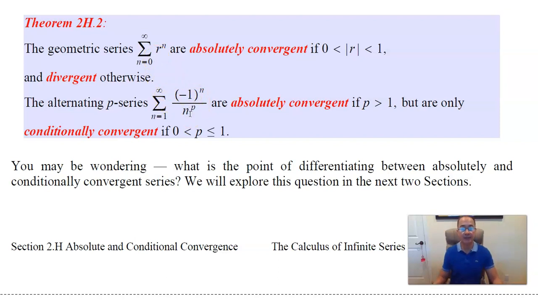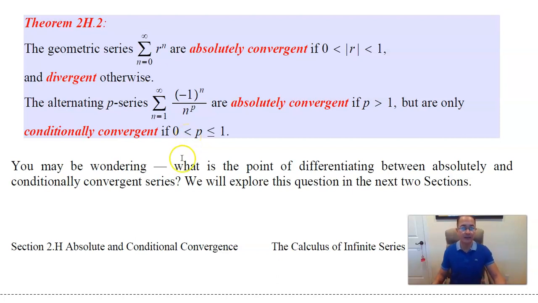And we know that p-series converge when p is bigger than 1 and diverge when p is less than or equal to 1. So the alternating p-series absolutely converge if p is greater than 1, but are only conditionally convergent if p is less than or equal to 1, but still positive.